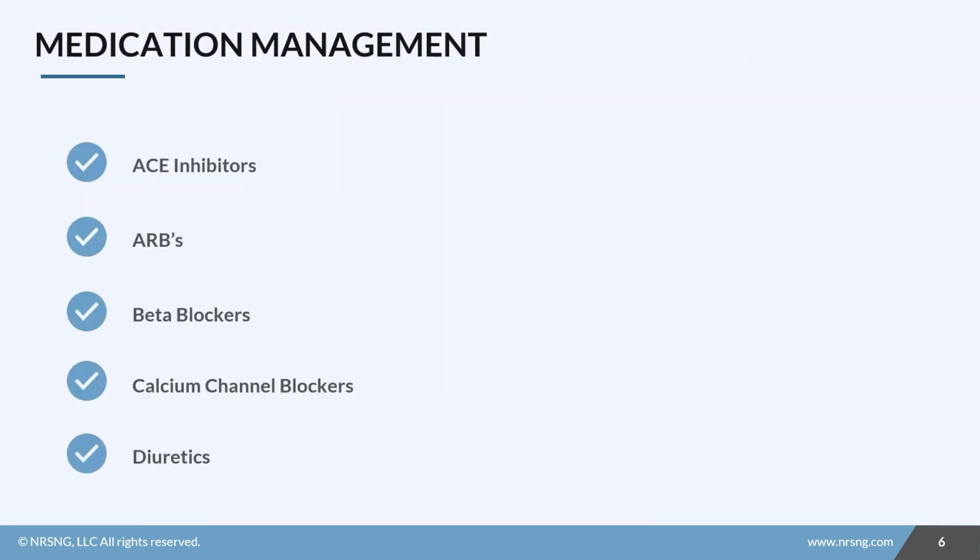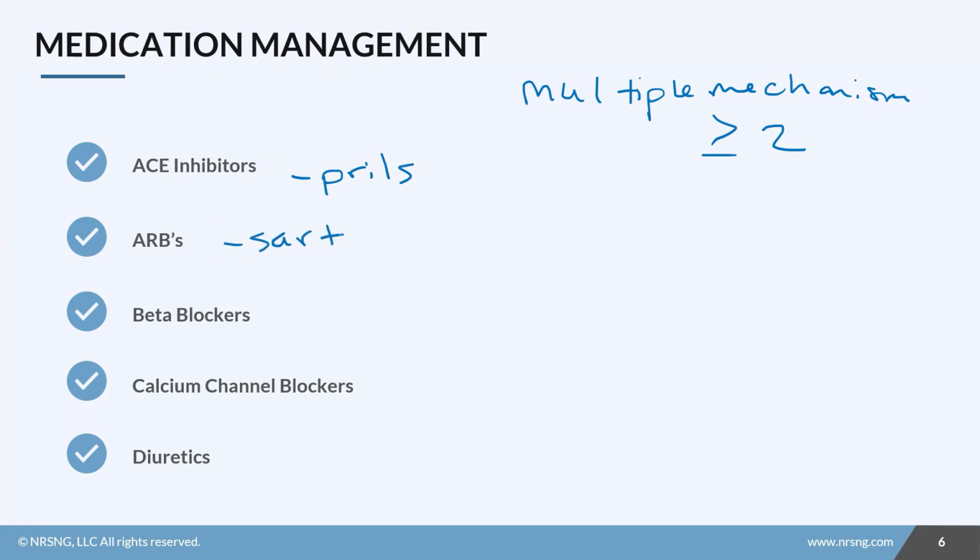Now, when it comes to medication management, the goal for hypertension is to address the blood pressure with multiple mechanisms. The goal being to decrease the stress on the vessels in multiple ways. Most hypertension patients will be on at least 2 of these medications. So we've got ACE inhibitors, that's our prils like captopril, and our ARBs, that's our sartans like losartan.